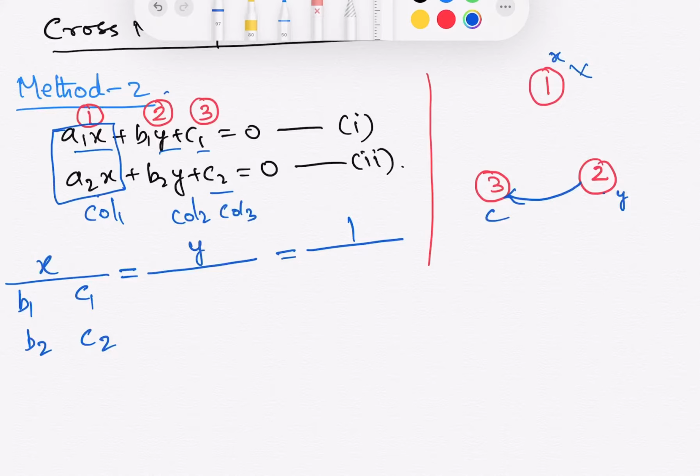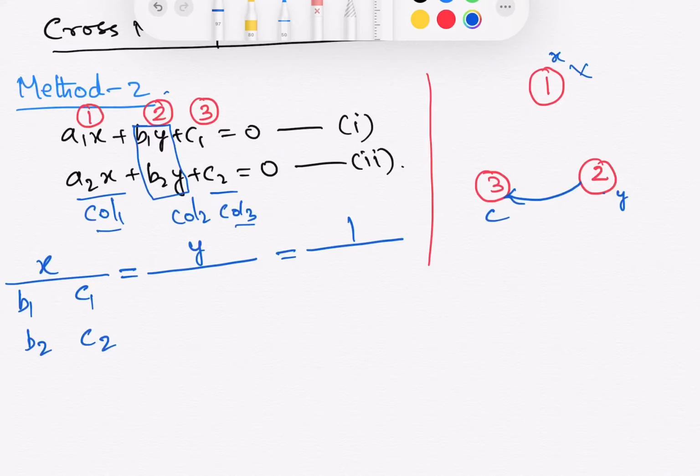After that you calculate the y variable part. When you calculate the y variable part, you only consider column 1 and column 3. You don't look at the y column; you look only at column 1 and column 3.